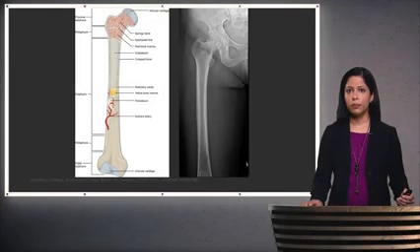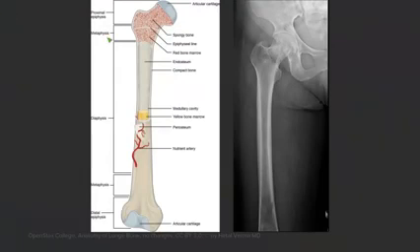So let's first review some bony anatomy. Here we have a diagram and an X-ray of the femur. You can see here that the bone has what's called an epiphysis, which is at the very tip of it. The next portion of the bone is called the metaphysis, and then the long portion of the bone is called the diaphysis. On the X-ray, you can see that the epiphysis will be the very top of the femoral head.